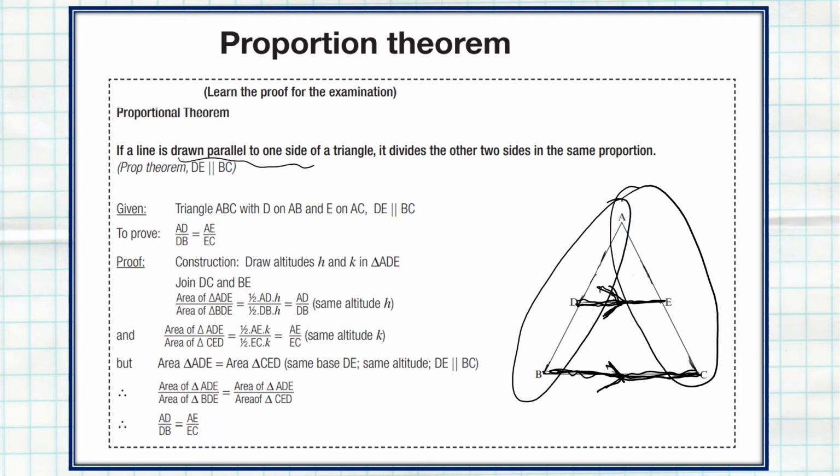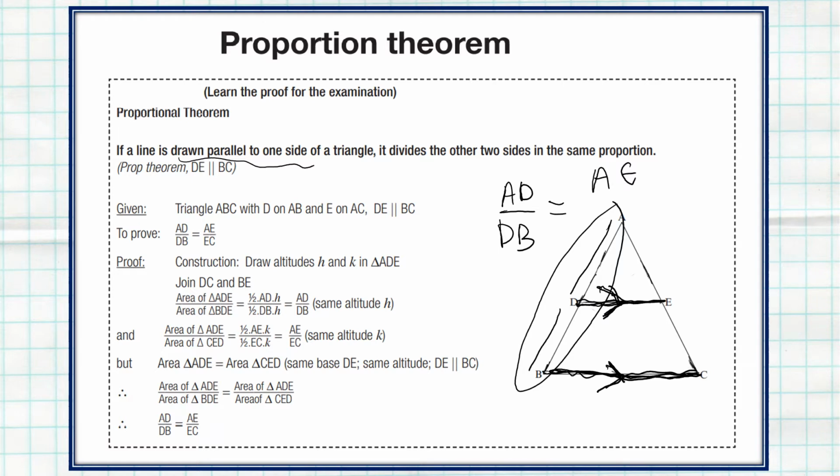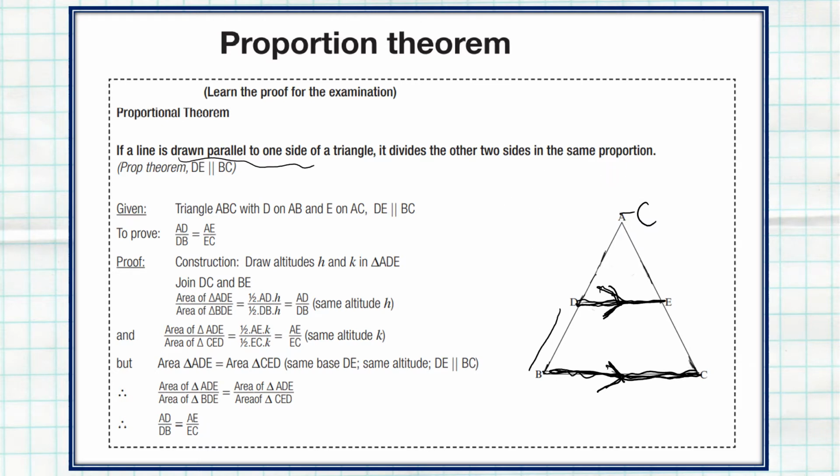In other words, you will find that AD over DB, which is the ratio of this side, will be equal to what? It will be equal to AE over EC. So you can see now the two sides are in the same proportion because there's a line that divides them and it's parallel to the other side of the triangle. That's basically what this theorem states.